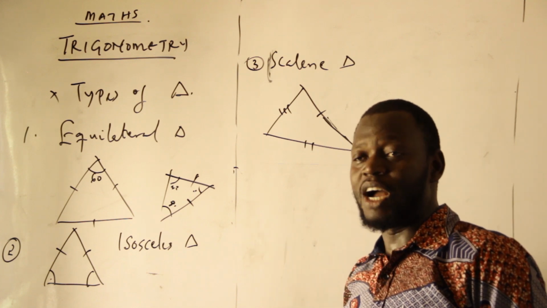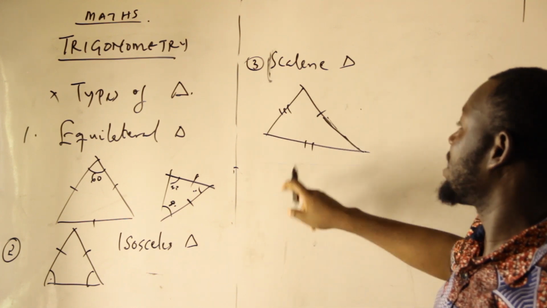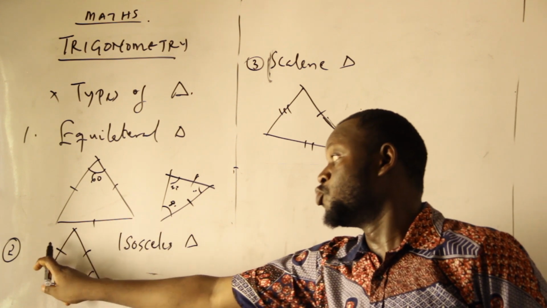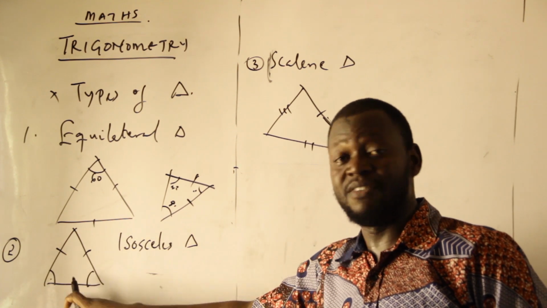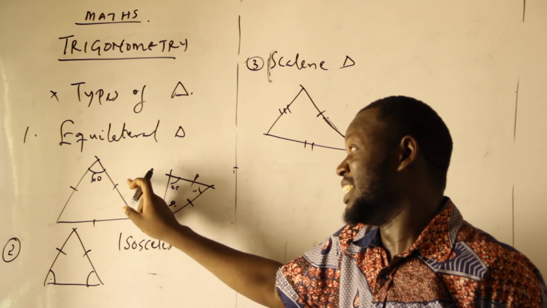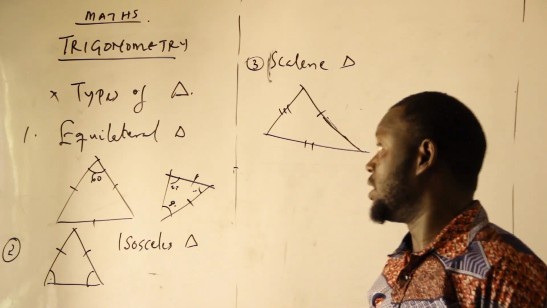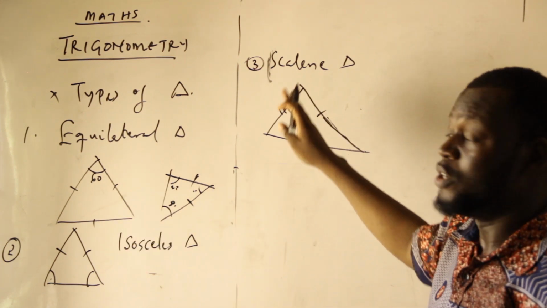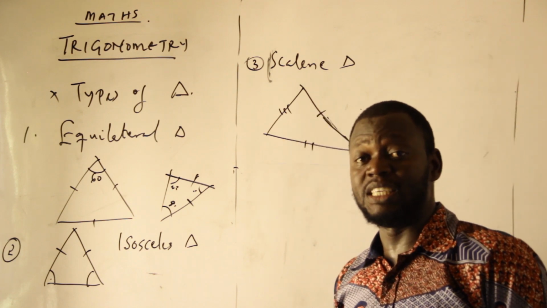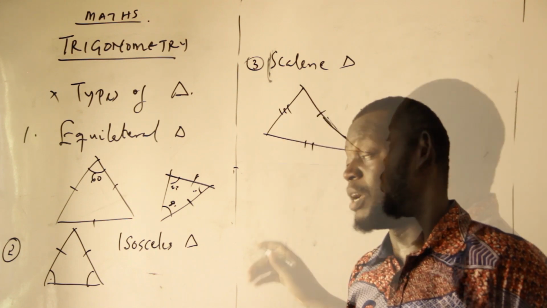So this is a scalene triangle. If this is 3, this can be 5, this can be 6. If this one is 2, this one is 2, this can be 5. If this one is 3, this must be 3, this must be 3. Those are the differences between them. So no angle, no side is equal here. Obviously, no angle will be the same.